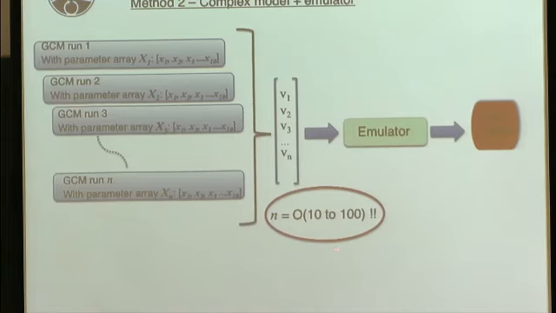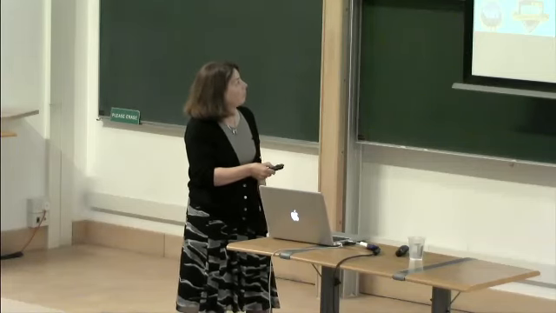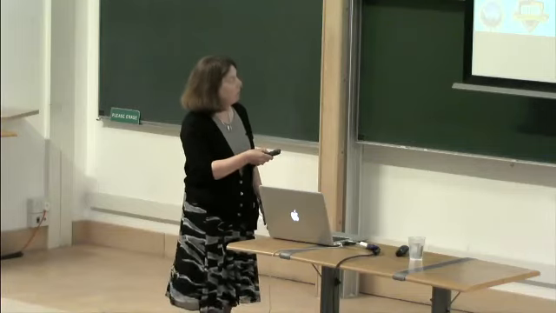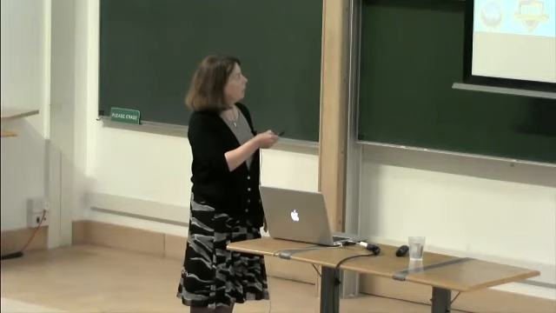So it reduces the number of realizations coming out of these runs that you would need. You only need to run a GCM, say, 100 times instead of 10,000. So I'm going to first talk about this design, and then I'll talk about what is meant by this emulator.